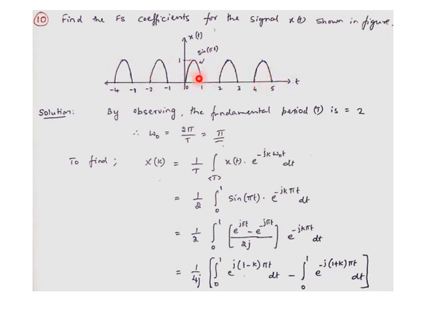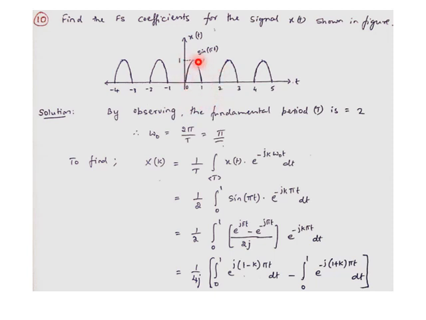If I take one particular graph, it looks like sine pi t. The formation of this is always sine pi t, and the maximum amplitude is 1. By observing the given x of t, I can find the fundamental period, because this signal is periodically repeated at every interval. One single set of unit is defined between 0 to 2.